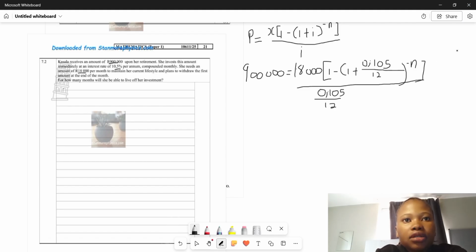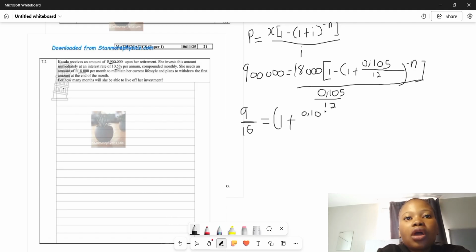So 9 and 9, we are going to solve everything, simplify, and we will be left with 9 over 16, equals 1 plus 0.105 all over 12 to the power of negative n. So after we solve everything, this is what we are left with.